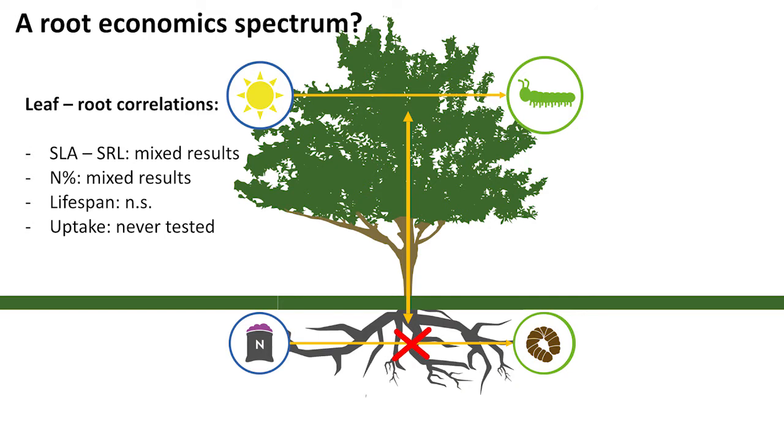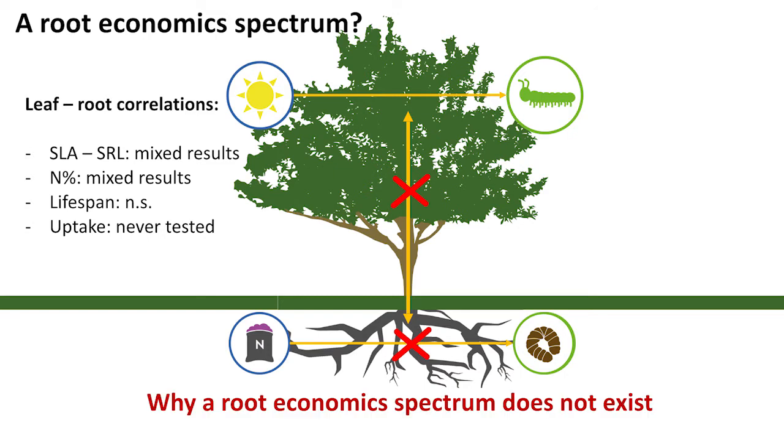And again, the relationship between fine root and leaf uptake has never been tested across 3 species. So from that, we conclude that a fine root economic spectrum does not seem to exist in parallel to a leaf economic spectrum across 3 species. And we've come up with 3 possible explanations for this conclusion.